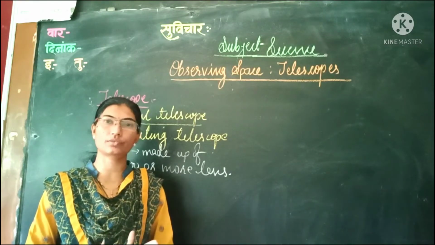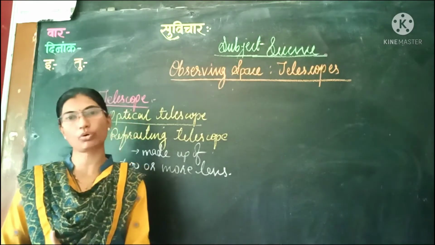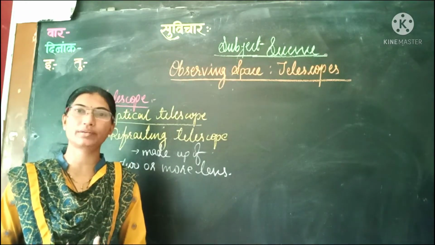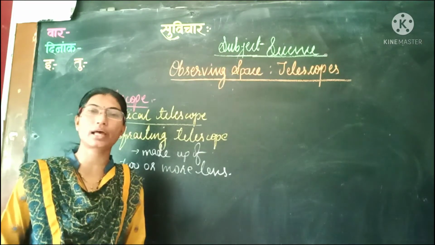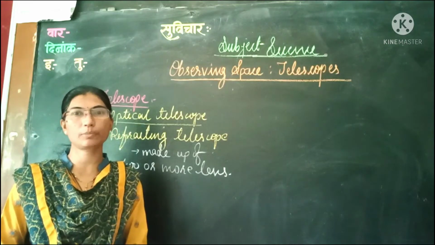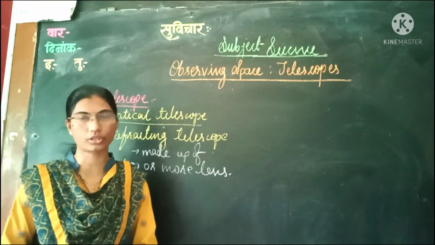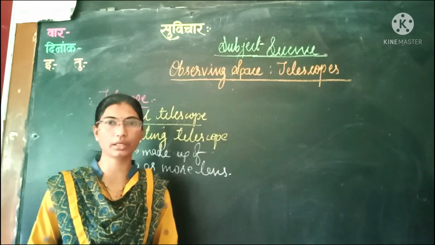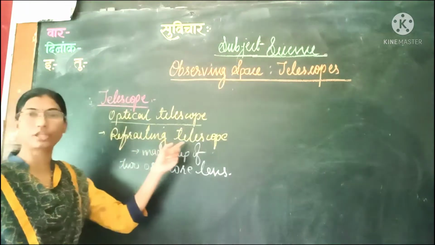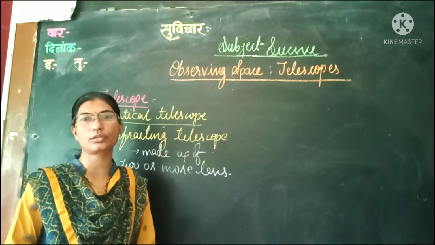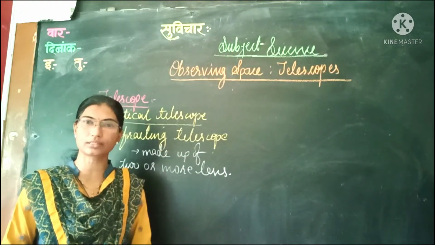Similarly, if light rays pass from glass to the atmosphere, the direction of the light rays changes. This change in the direction of light whenever it passes from one medium to another is known as refraction. The same thing happens in the refracting telescope. That's why these telescopes are known as refracting telescopes.